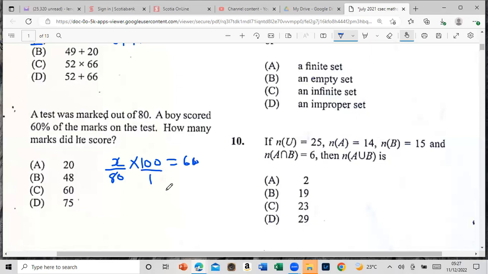So 60 times 80. 100 is being multiplied, so we're going to divide, let's take the inverse. And then we multiply 6 times 8, which is equal to 48. So for this one, 48.